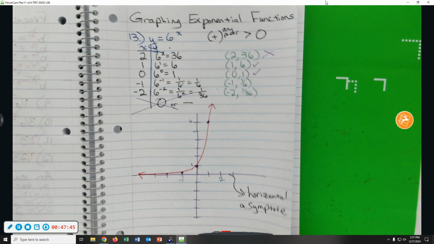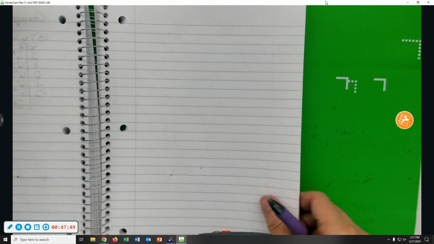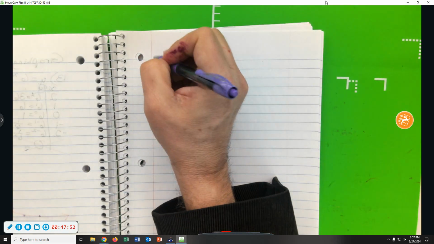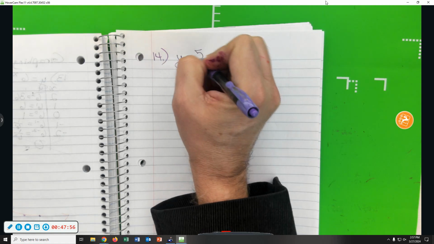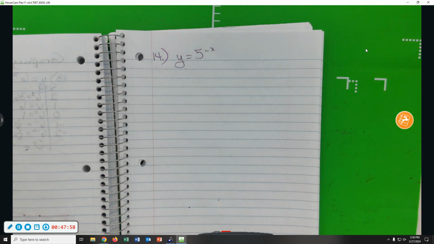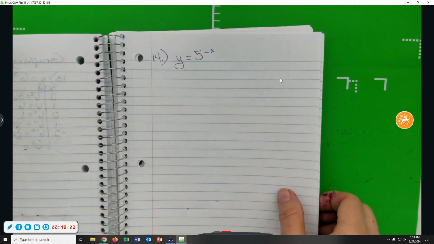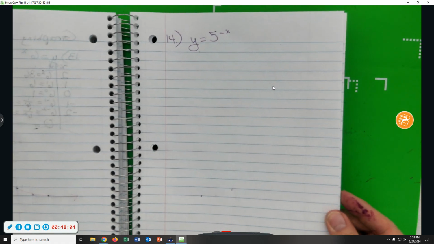Let's do number 14. Let me write it down. Now, remembering correctly, was it y equals 5 to the negative x power?